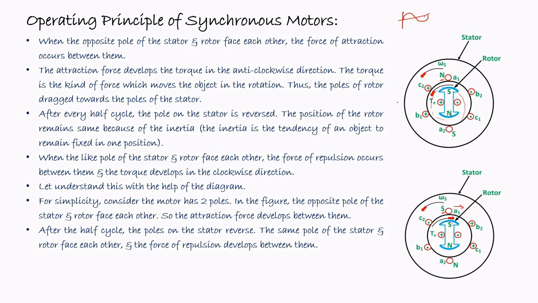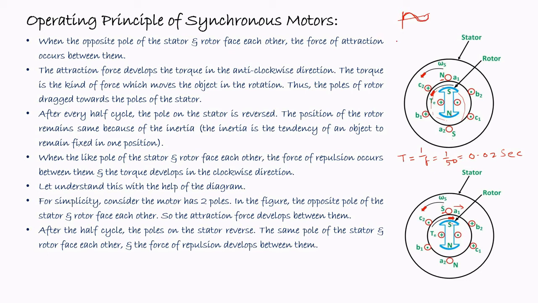The time required to change the north to south and south to north can be easily calculated. As we know the time period is 1 upon frequency, that is 1 upon 50, so it is 0.02 second. So one complete cycle is developed in 0.02 seconds.